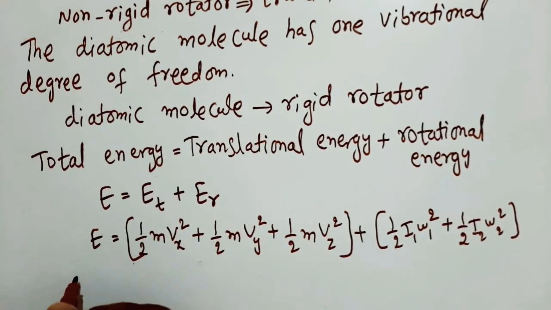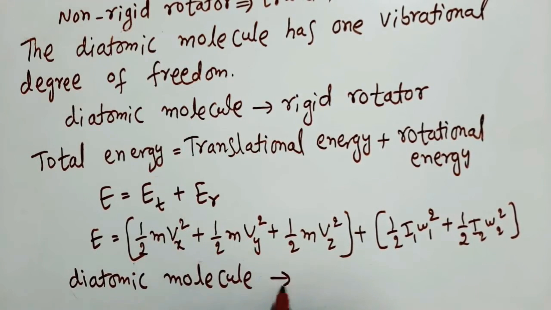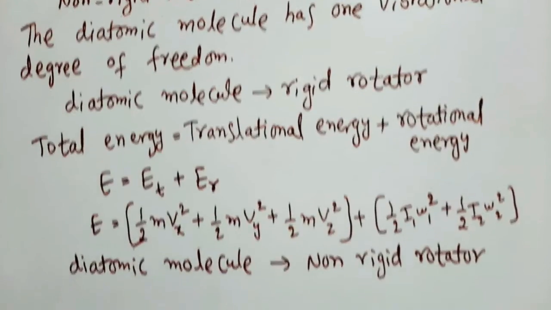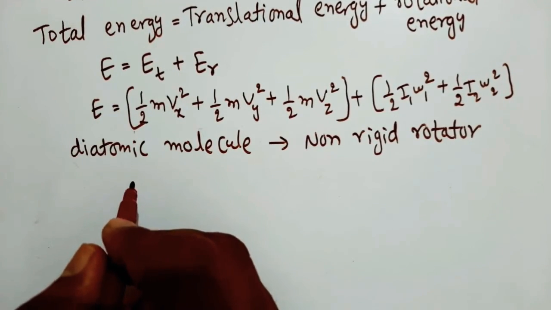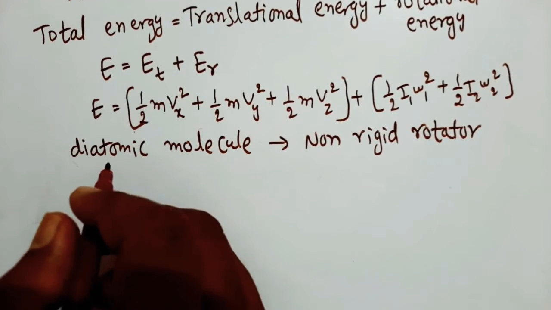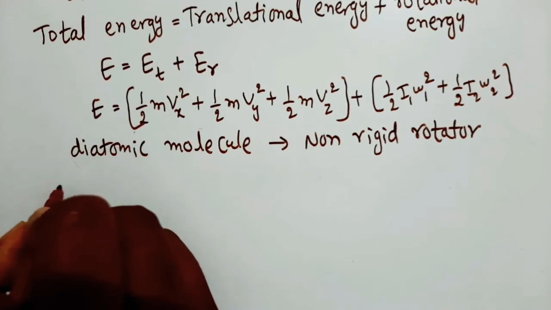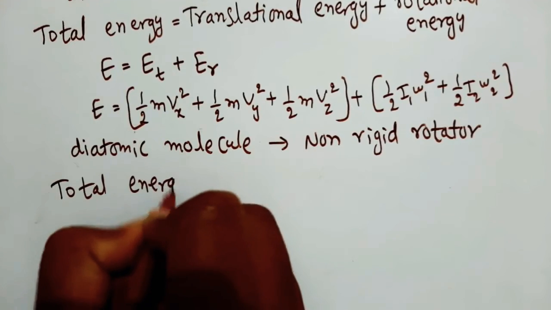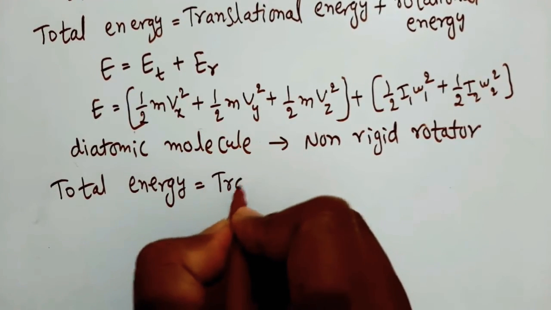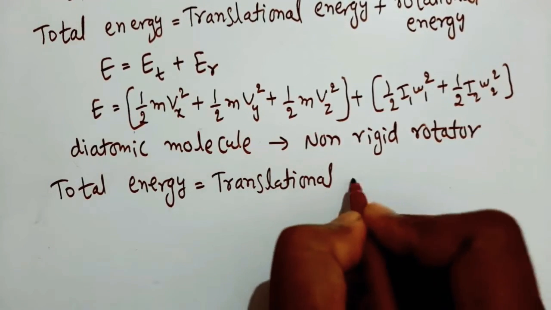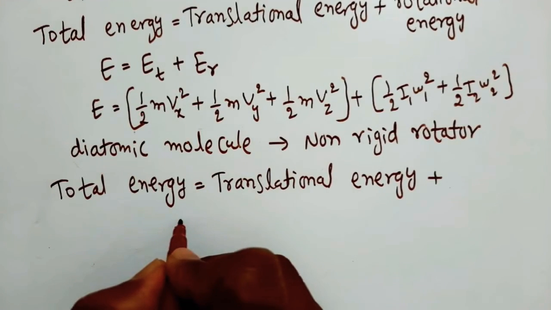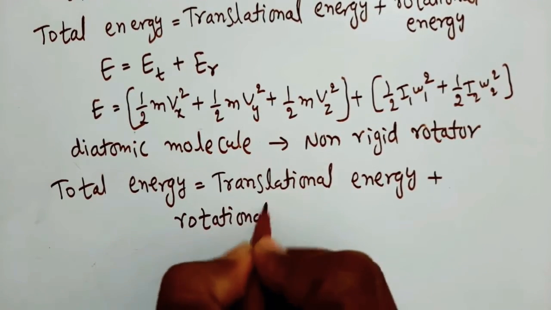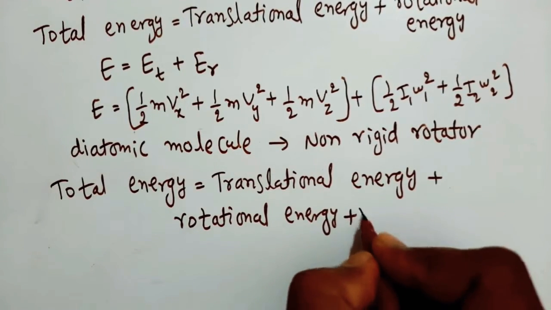If a diatomic molecule is considered as a non-rigid rotator, the total energy is the sum of translational energy plus rotational energy plus vibrational energy.